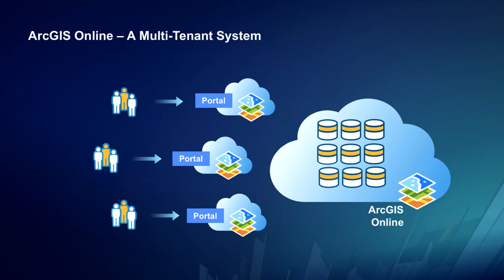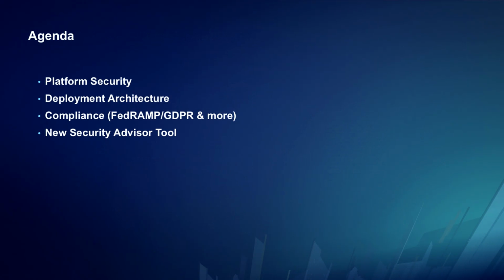All of this is run by Esri on our infrastructure, and so because of that, there's questions about what you can control in terms of security, about the platform itself, about various compliance, and so on. So this is what we're going to try to address today here in this presentation.